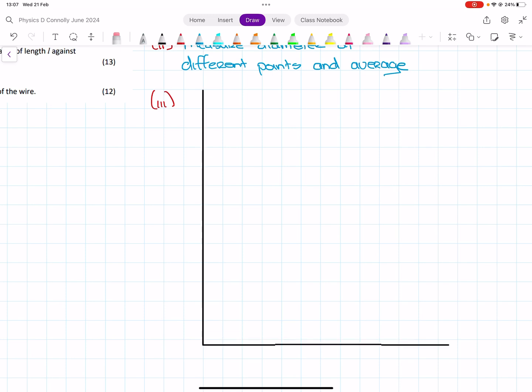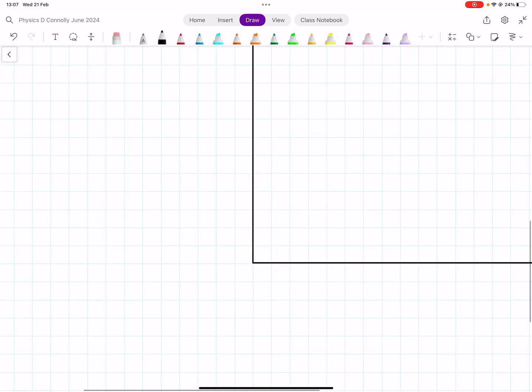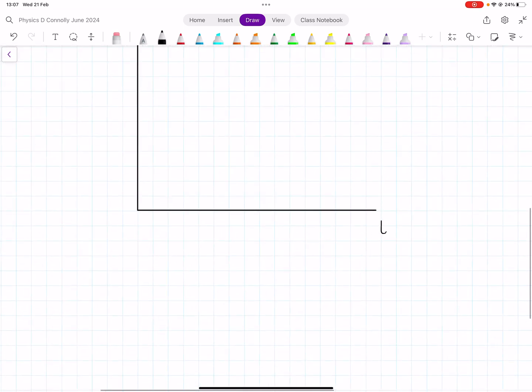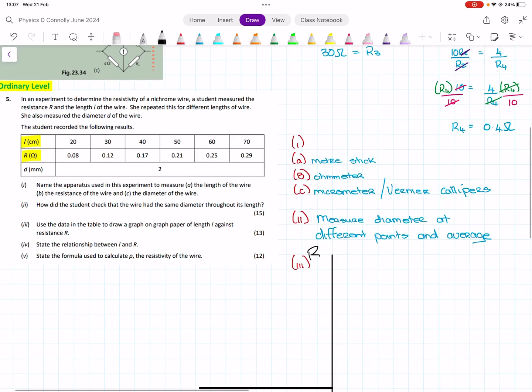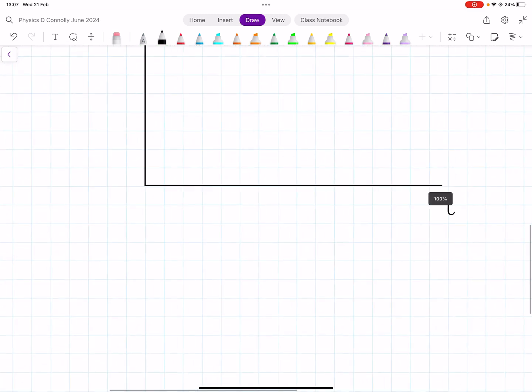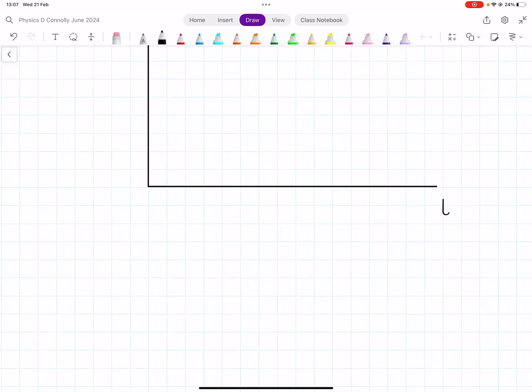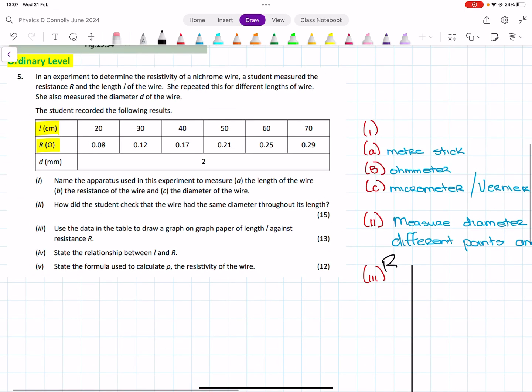Okay, so I'm going to throw down a graph. Label length and resistance. For the length, we just have to get up to 70, so 10, 20, 30, 40, 50, 60, 70. The other one's not so easy.